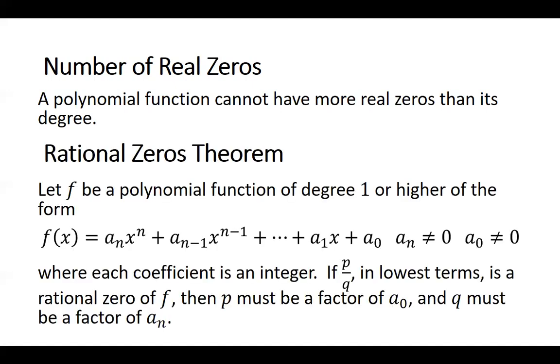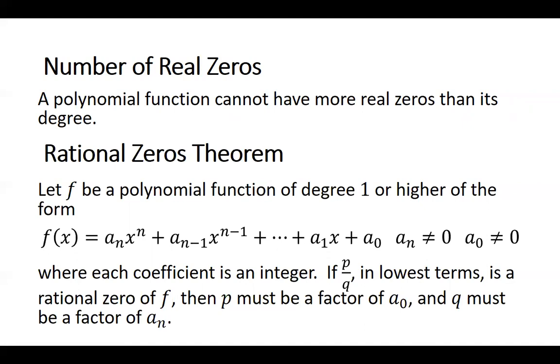Rational zeros theorem. Let f be a polynomial function of degree 1 or higher of the form f of x is equal to a sub n x to the n plus a sub n minus 1 x to the n minus 1 plus et cetera, all the way down to a sub 1 x plus a sub 0, where a sub n is not equal to 0, right? Because as soon as you make the leading coefficient equal to 0, that's no longer the leading term, it would come into the next one.